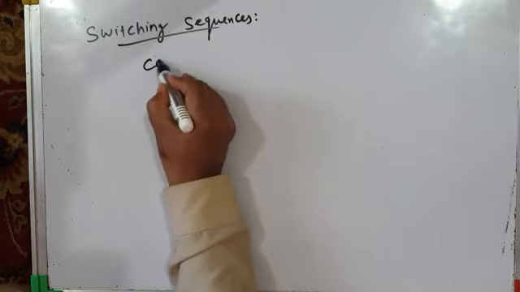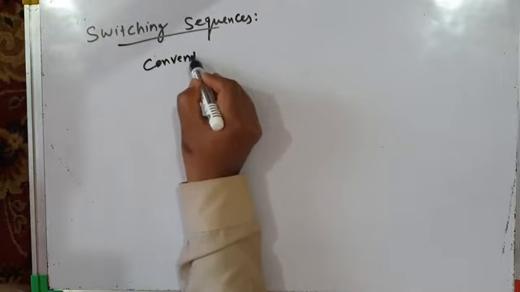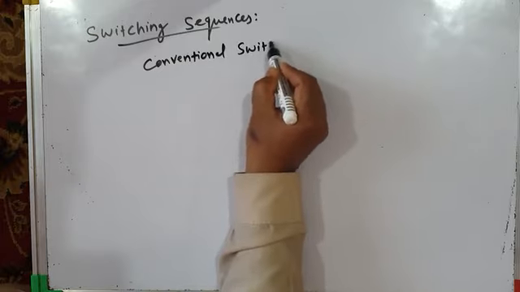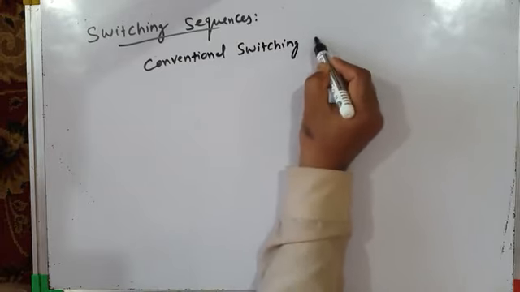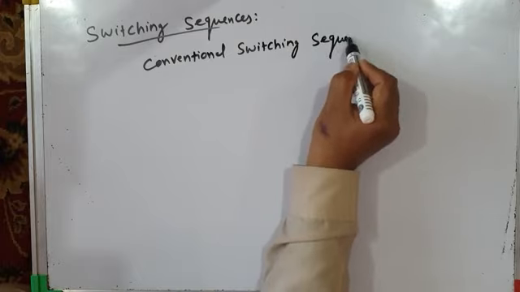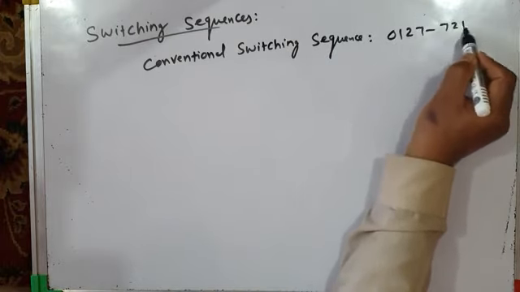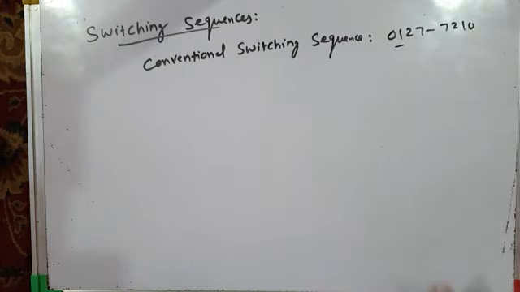We have a conventional switching sequence, that is 0127-7210. This is one subcycle, this is another subcycle. We have already studied it.